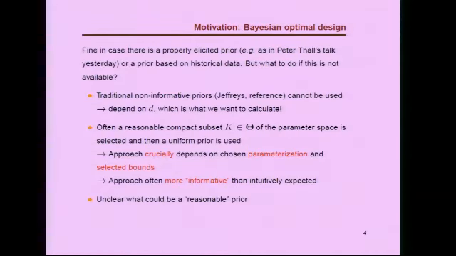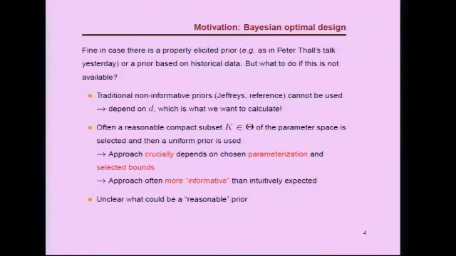So what is relatively often done, I think, or I've seen it frequently in the literature, is that people assume some compact set of the parameter space and then use a uniform prior on this compact set. And my point here is that this is, of course, crucially dependent on the parameterization that you choose for your nonlinear model.